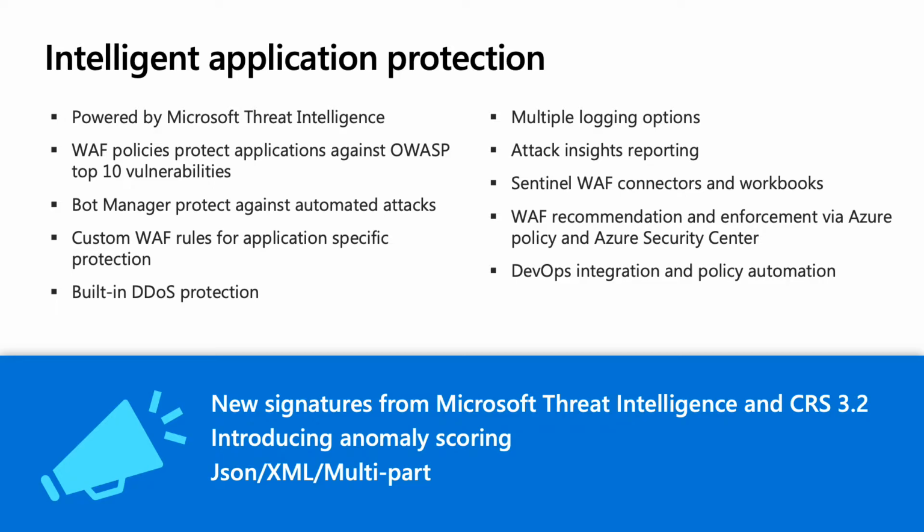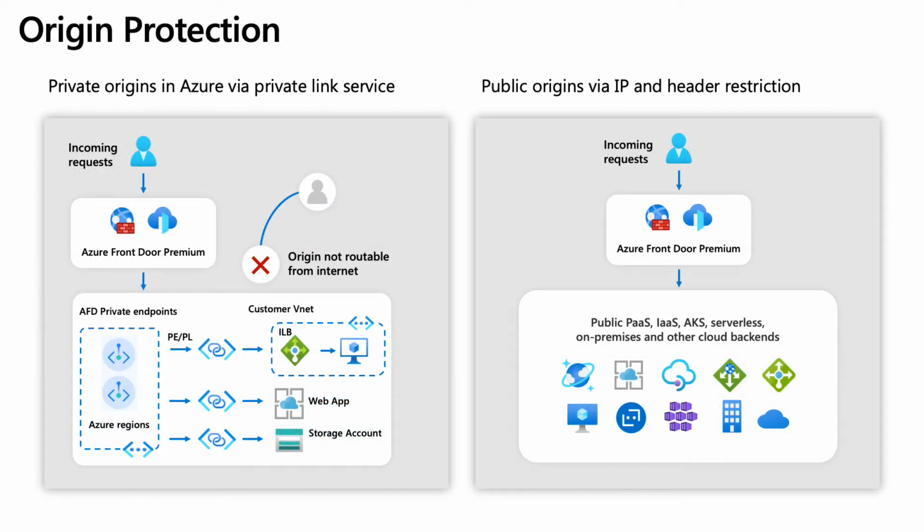With Azure Front Door Premium, we are adding the capability to protect your origins that are hosted in private address space. You can build your application in your virtual network, let's say hosting your web applications in web servers inside your own virtual network. Then you can put an internal load balancer in front of it.